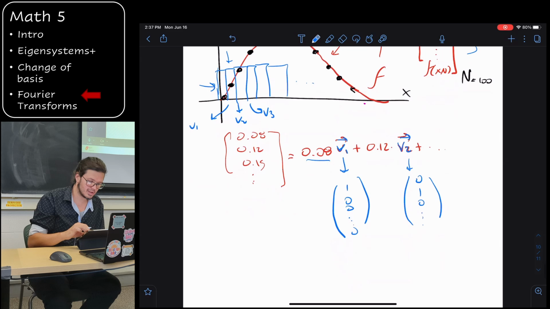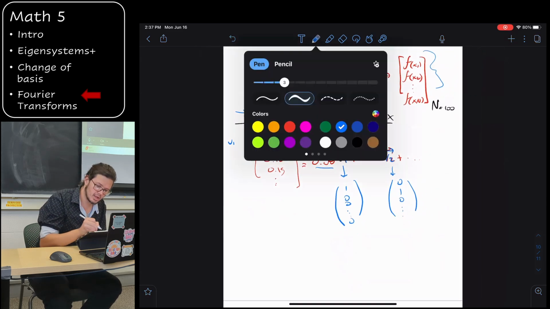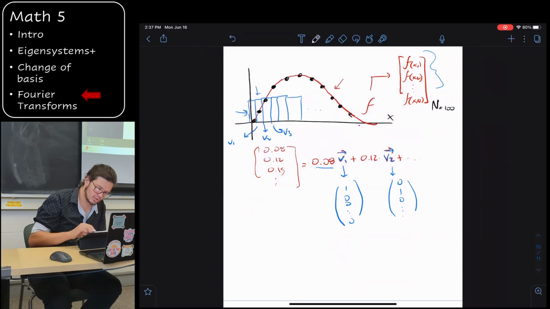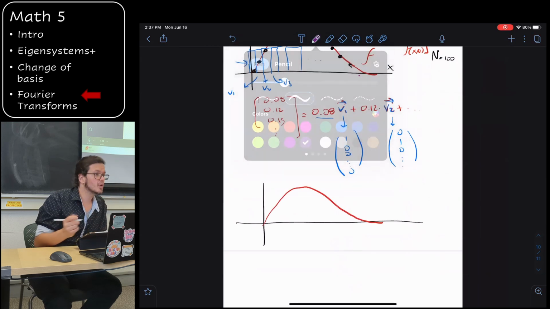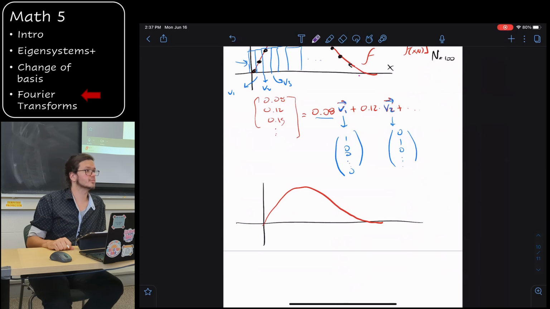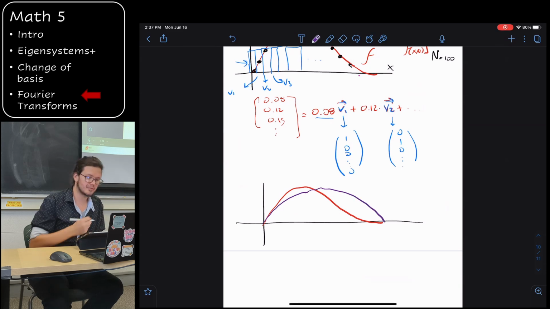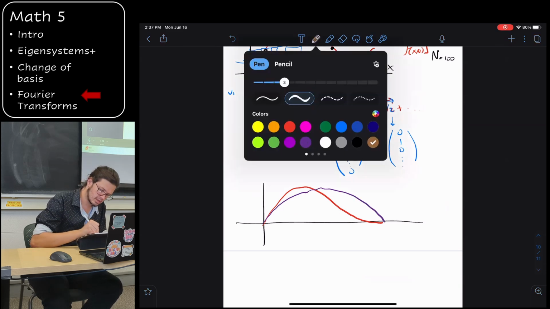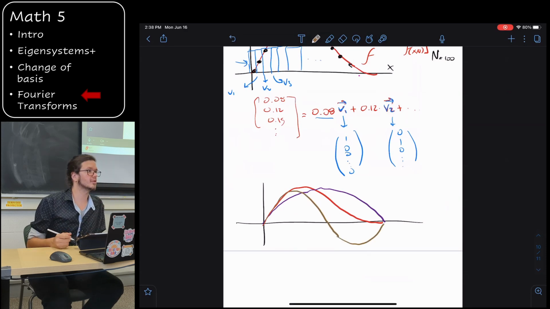Alternatively, based on what we discussed Wednesday, today's Monday, you could grab your function f that looks like this, and you could decompose it into the normal modes in here. You could say that this is going to be the first normal mode times some coefficient plus the second normal mode times another coefficient, and so forth.